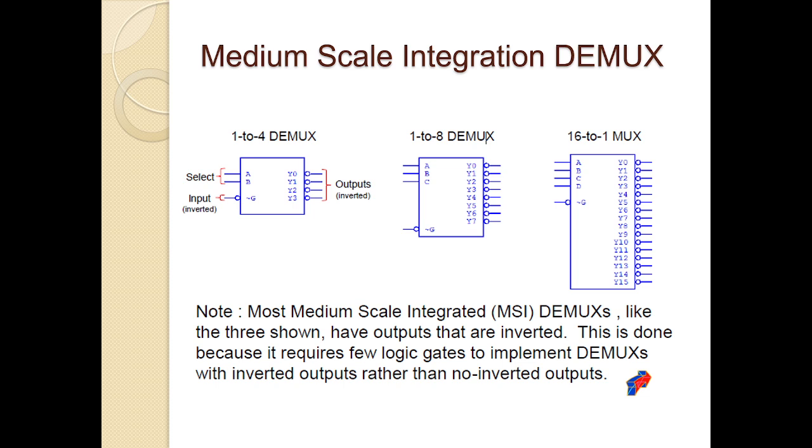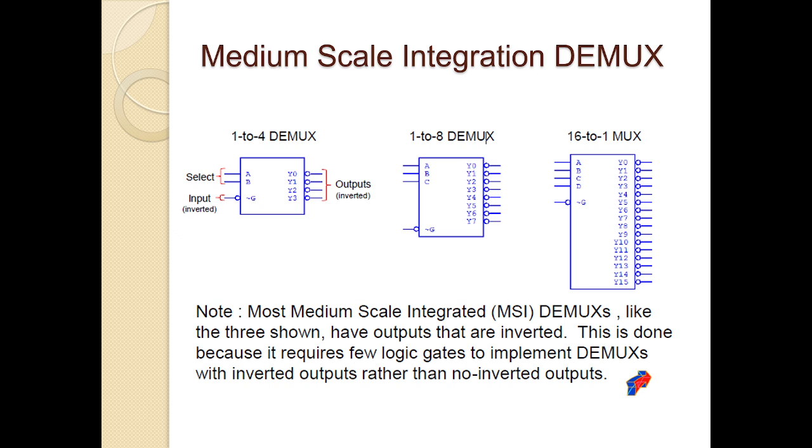Likewise for the 1:16 demux, the input is 1, the outputs are y0, y1, y2 up to y15. The selection lines are 4, that is ABCD or S0, S1, S2, S3.